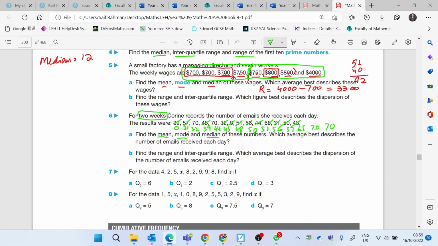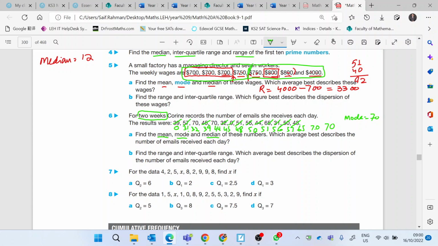Okay, so find the mean. For the mean, you have to add them all up and divide by 14. So that will be the mean. For the mode, it is the number which appears the most. Here the number which appears the most is 70, so the mode is 70.